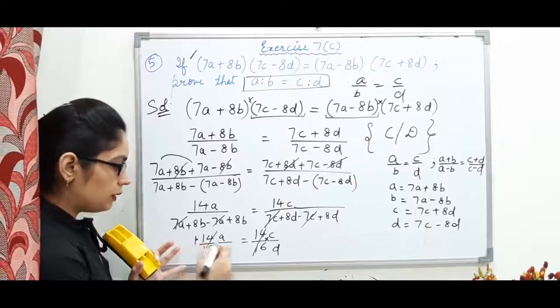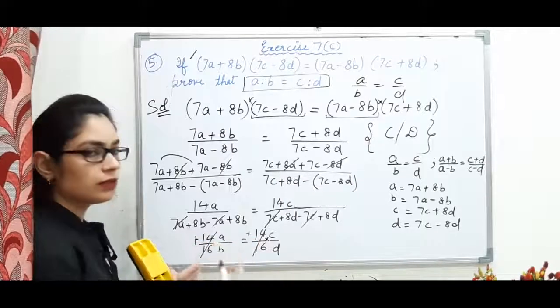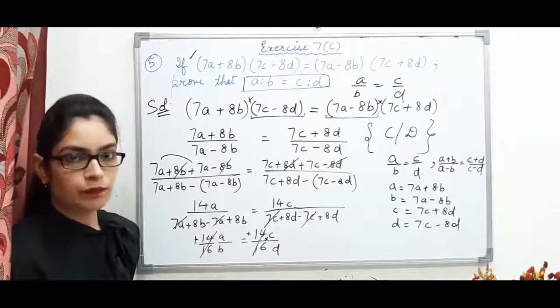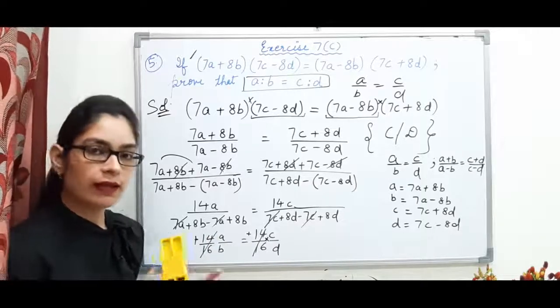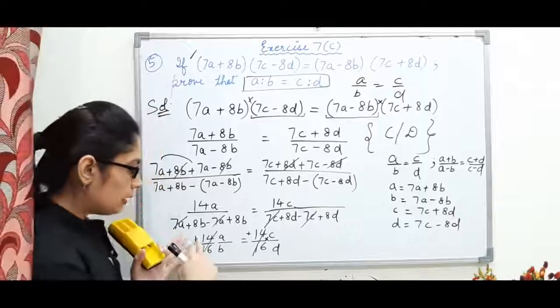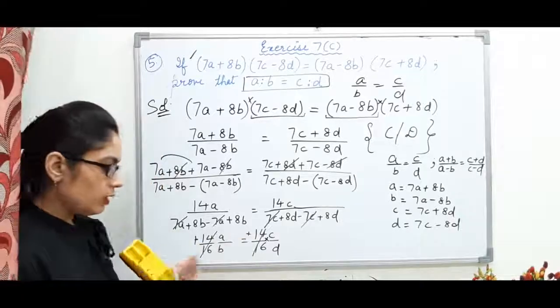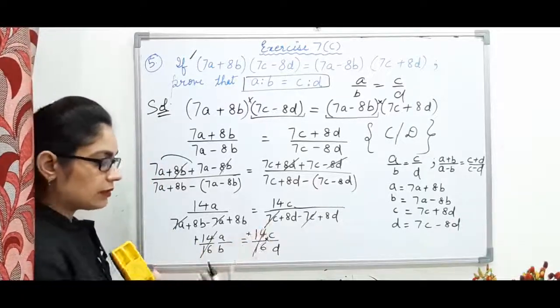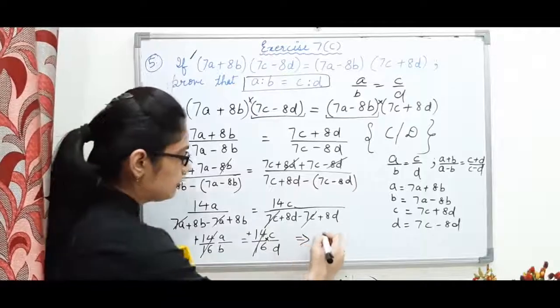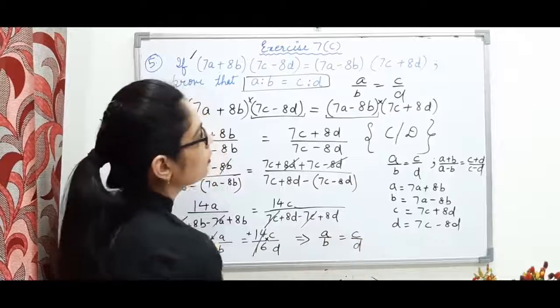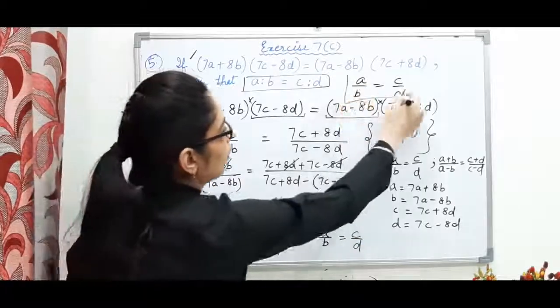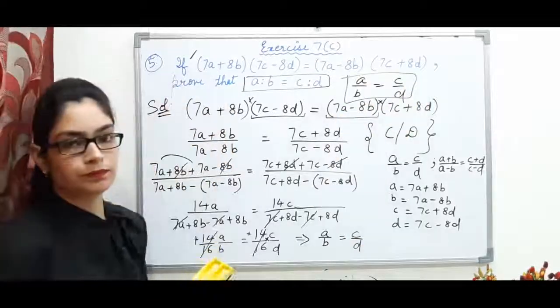This is with a plus sign, this is also with a plus sign, and both the expressions are getting multiplied. If they are getting multiplied or divided, that should also be the same, and the sign should also be the same. So 14 by 16, 14 by 16, I cancelled. After cancelling, a by b is equal to c by d. So that is what we had to prove.